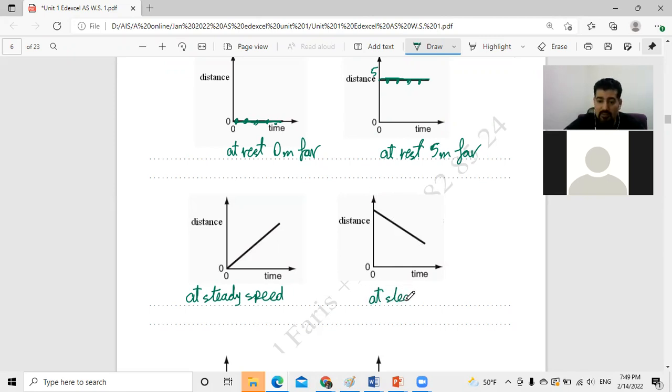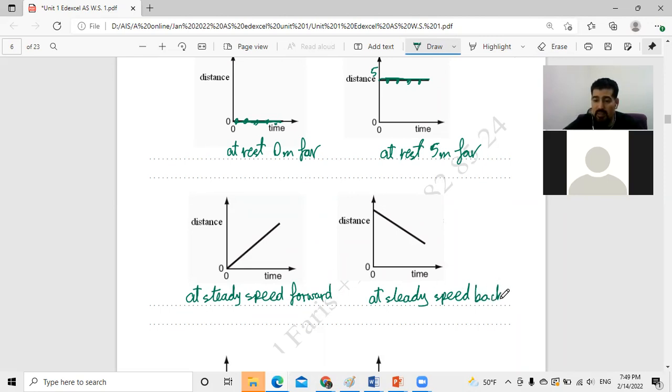So what is the main difference between the first one and the second one? Both of them are at steady speed. But this one is moving away at steady speed, moving forwards. But this one is moving backwards. So if I want to write this here, I will write at steady speed forwards, because the distance is increasing, it's getting further. But this one is moving what?